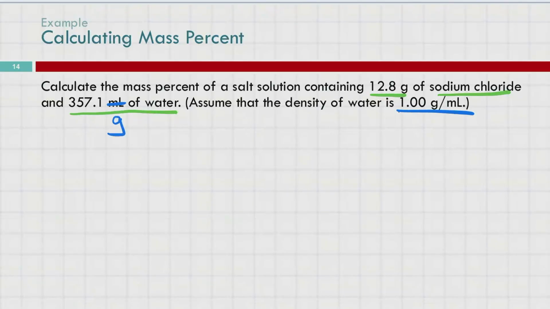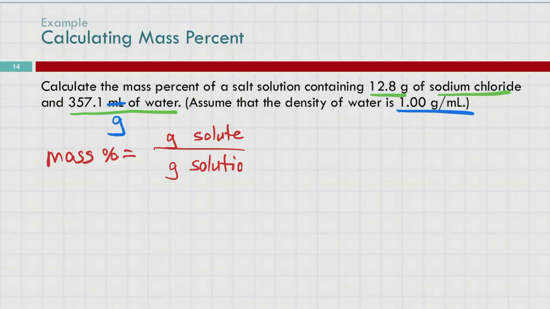We have 357.1 grams of water. Our formula is mass percent equals grams solute over grams solution times 100%. We're always going to times things by 100% if it's a percent.